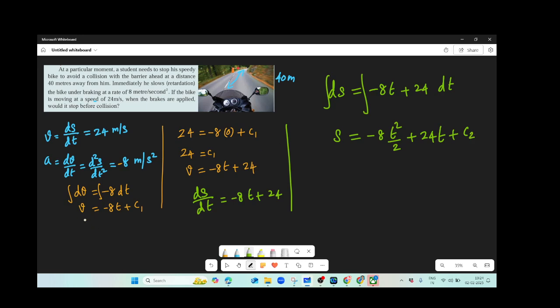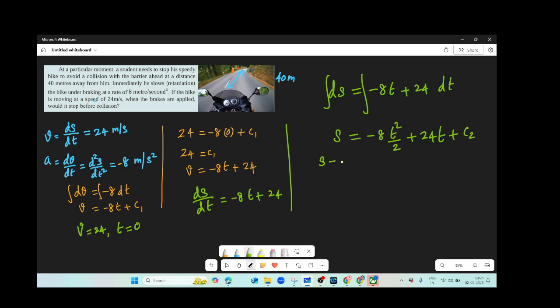Previously velocity equal to 24 when time is 0, we applied there. Now when you talk about time 0, before the brake applies, the distance is also 0.